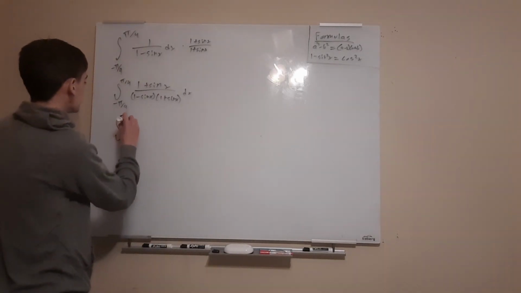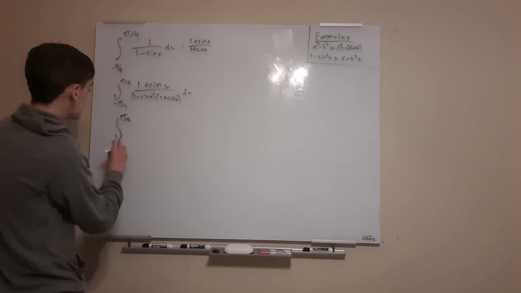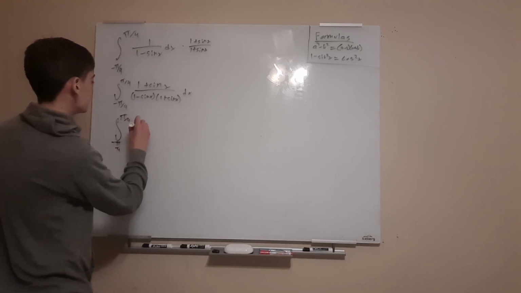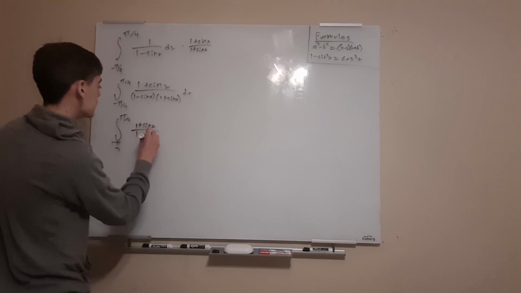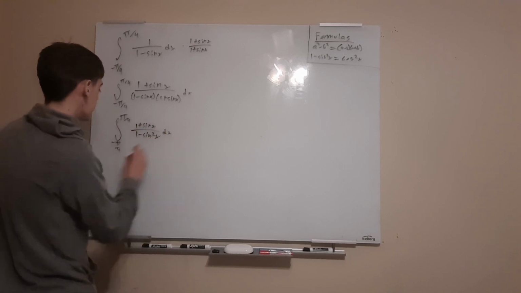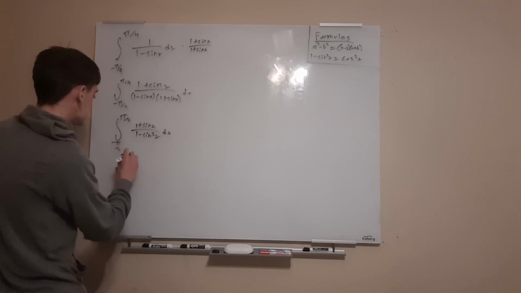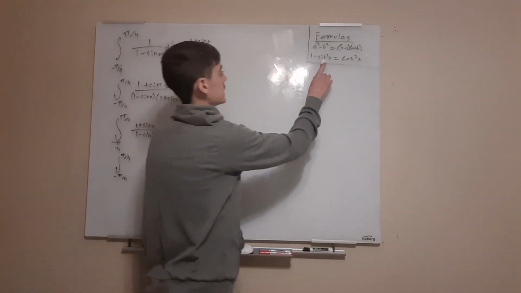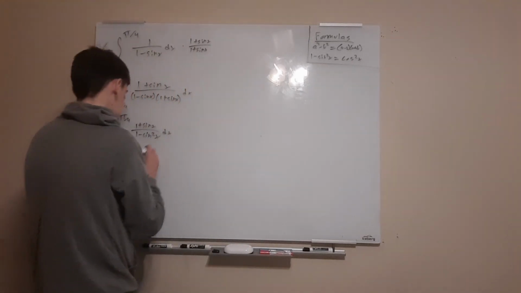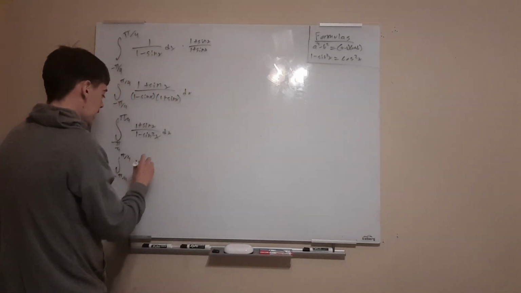So our integral will change to the integral from negative pi over 4 to pi over 4 of 1 plus sine x over 1 minus sine squared x dx. And if we check our second formula up top over there, 1 minus sine squared x is the same as cosine squared x. So let's just write that in our integral now.